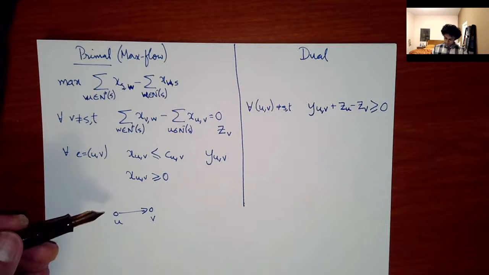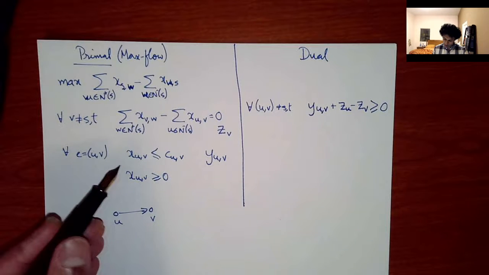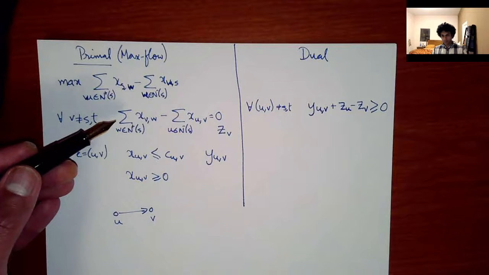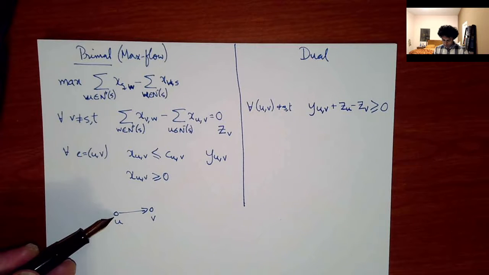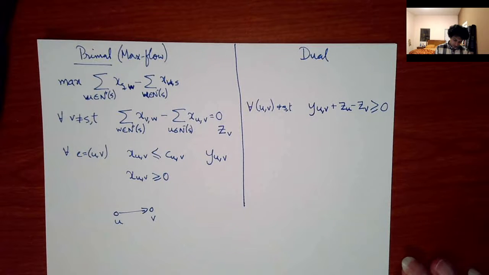Right? Because if I look at xuv, it appears once over here with a yuv, and it appears once with a plus sign and once with a minus sign. I get plus for the u and minus for the v. Okay? And that's what I get for all edges of this form.